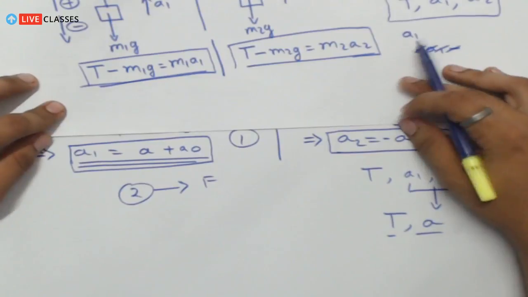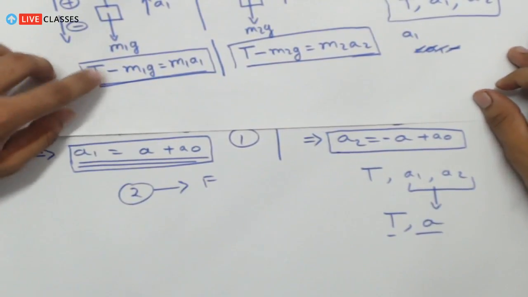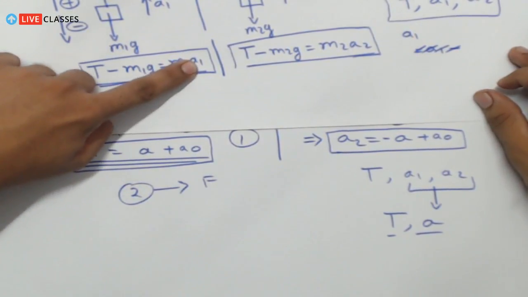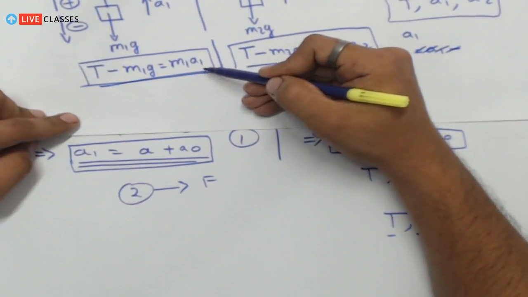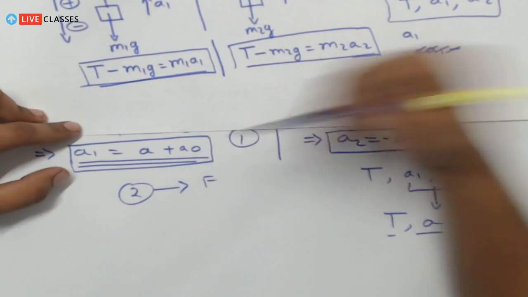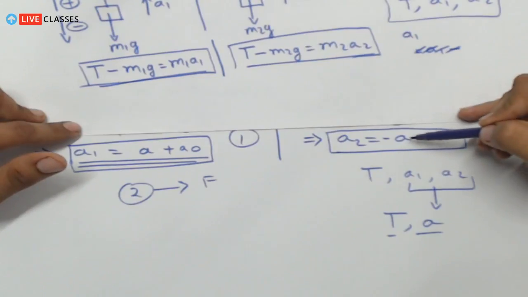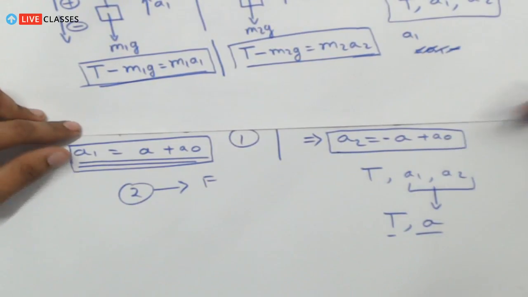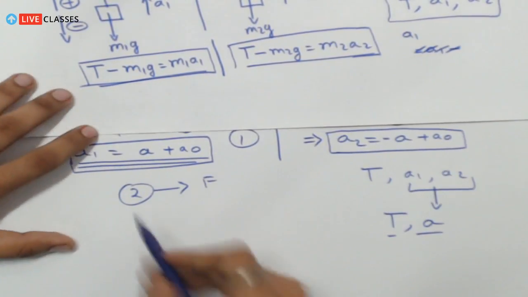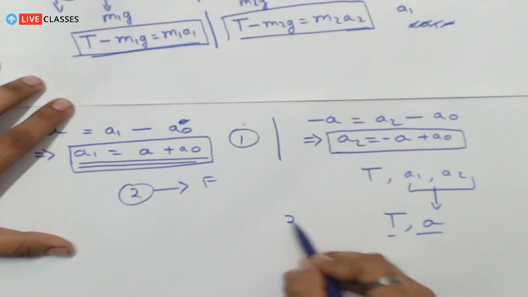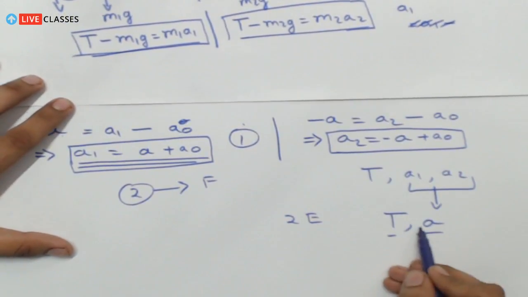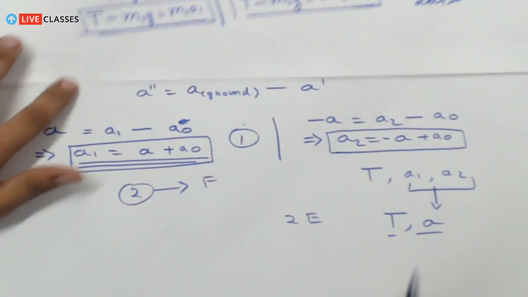As you can see properly, put A in place of A1, you will write A and A0. A0 is given. In place of A2 you will write minus A plus A0, and you will solve. So you will have two equations, two variables, right? So it will be solvable.